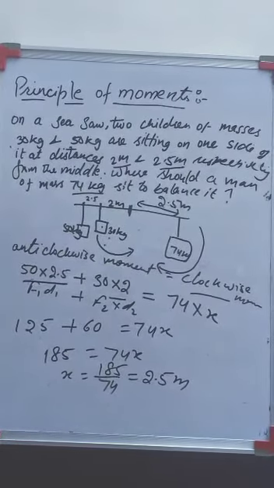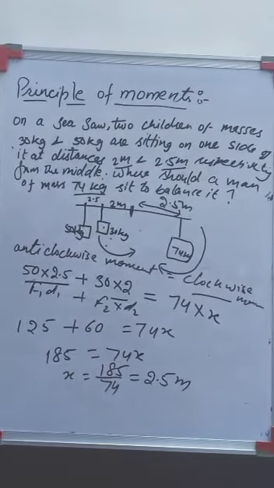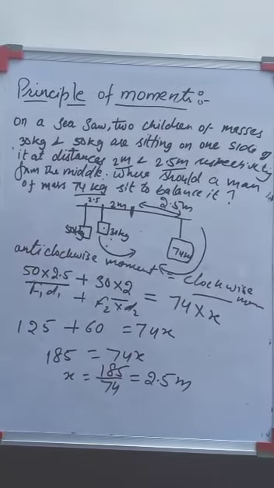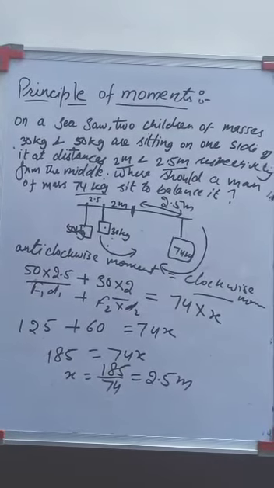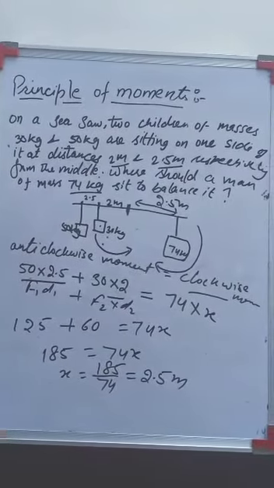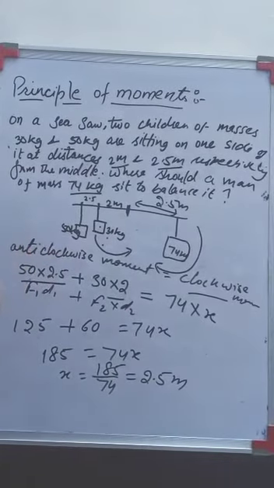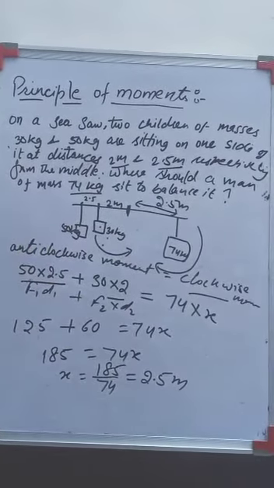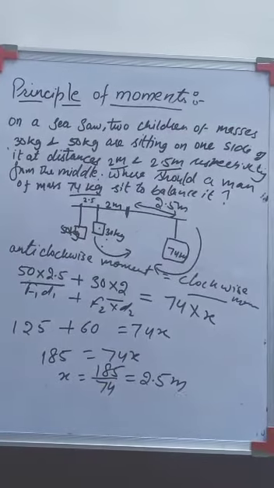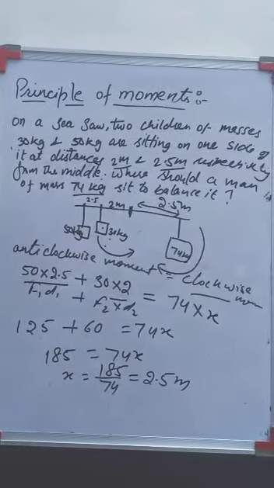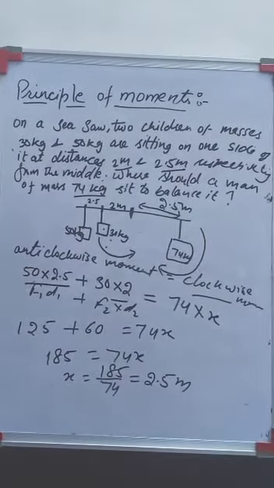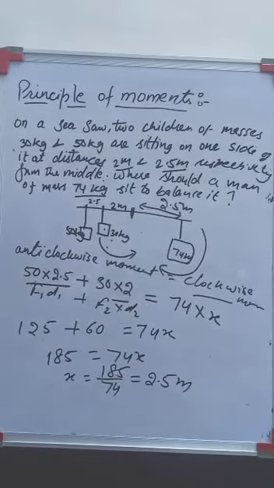It is not always pivoted at the center, but the weight of the body acts downward at the center, right? So that you need to consider in the case of a scale. In the case of a seesaw, again you need to calculate the anti-clockwise moment and the clockwise moment. Then to balance it, both the moments must be equal, right? Further, I am giving you numericals depending upon that. Try to solve them.